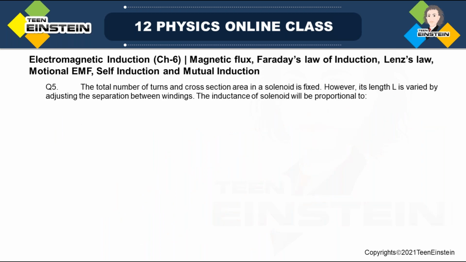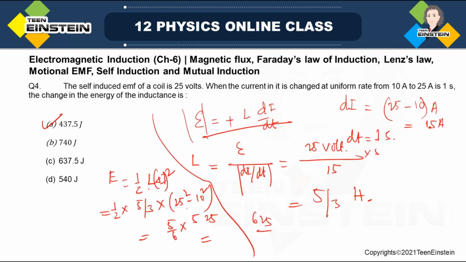Here, the problem is related to solenoid. So far today we are taking only the flux linkage portion, the first portion of the chapter. This fourth question is also from JEE Mains 2019.